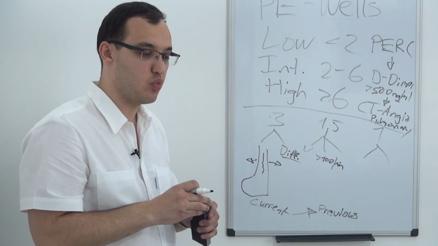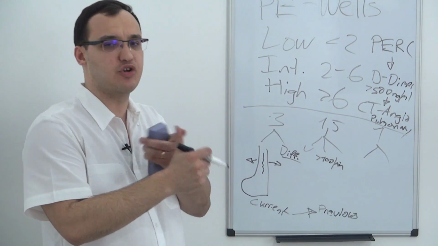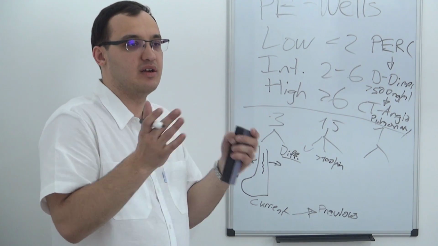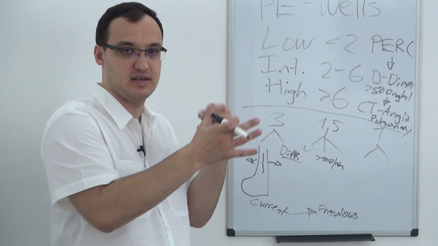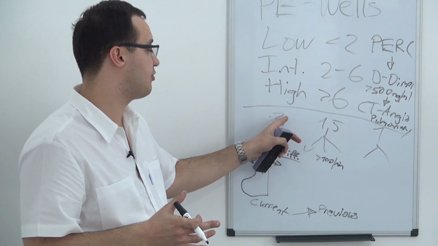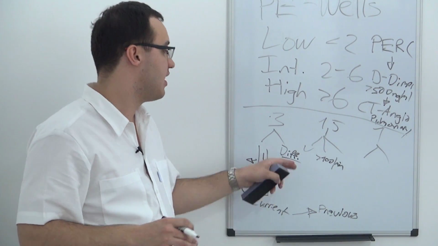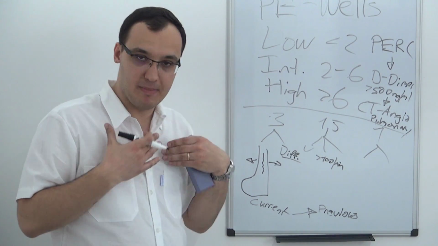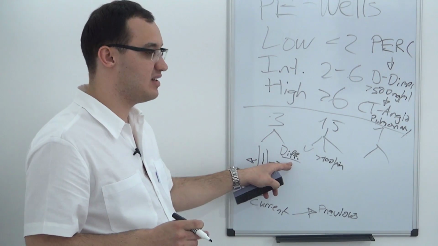So patients for which we excluded other diseases, like we checked other heart diseases and lung disease and everything, and we find out that no other disease can really explain this difficulty breathing, then we give this patient 3 points because we excluded all other diseases, which means that pulmonary embolism is more likely here. But in my opinion, I would not start with this because this is very complex.